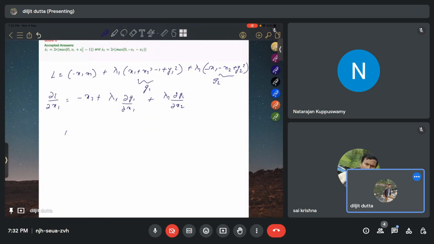So lambda 1 is equal to 2r into maximum of 0 comma x1 plus x2 square minus 1, and lambda 2 is equal to 2r into maximum of 0 comma minus x1 minus x2.